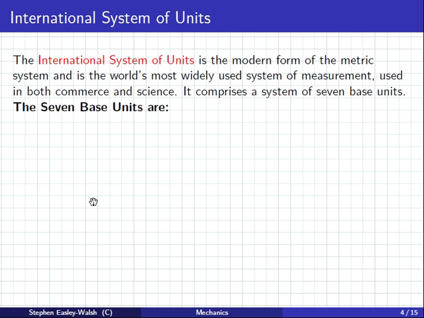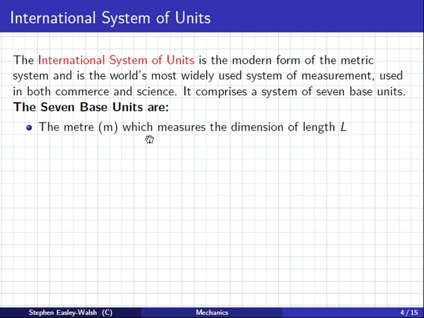There's 7 basic units in the metric system, and you already said some of them. For example, the meter. What does the meter measure? It measures the dimension of length, and the symbol we use for the dimension of length is an L. So I think you should start writing these down. These are the 7 basic units for the metric system. Now let's see how many of the 7 you know.